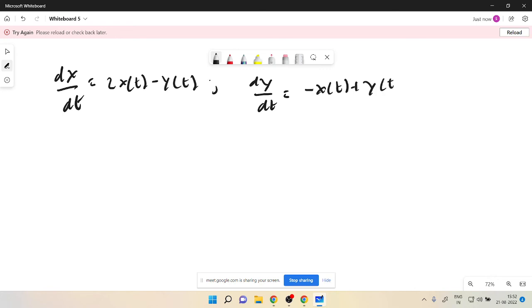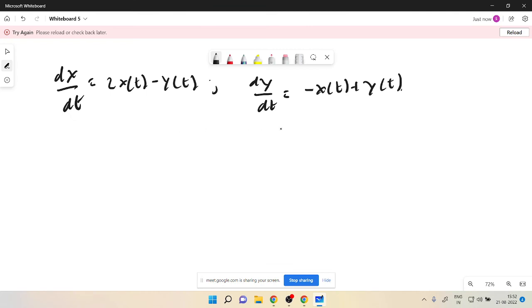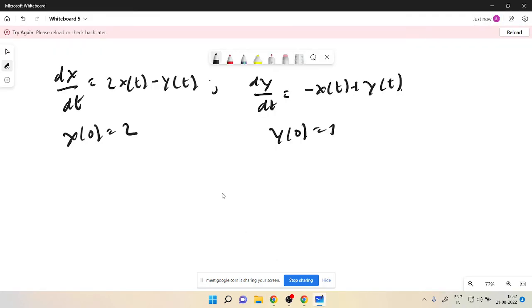Okay, I think our tutorials will end with this question. So y of 0 is 1 and x of 0 is 2. Anyone can tell me how to solve this question?